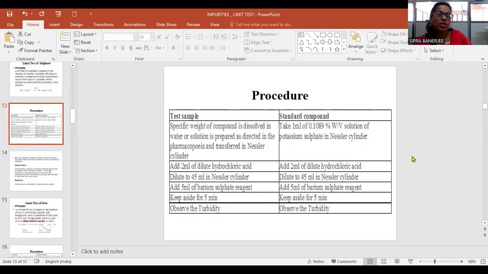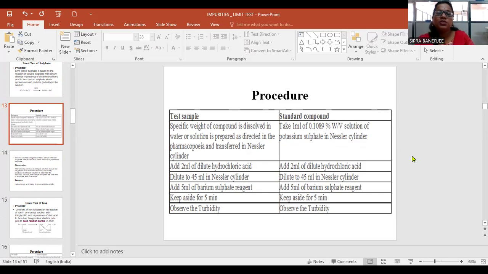The procedure is the same, with a test and a standard. A standard amount of potassium sulfate solution is taken in a cylinder. Then 2 ml of dilute acid is added. Then it is diluted to 45 ml in the cylinder, 5 ml of barium sulfate reagent is added, and it is kept aside for 5 minutes.